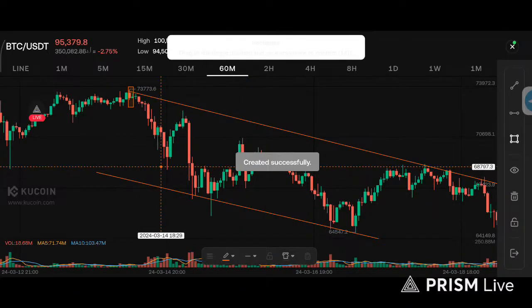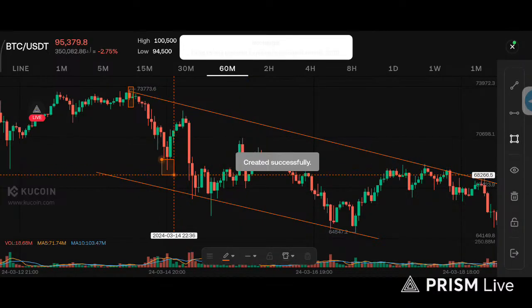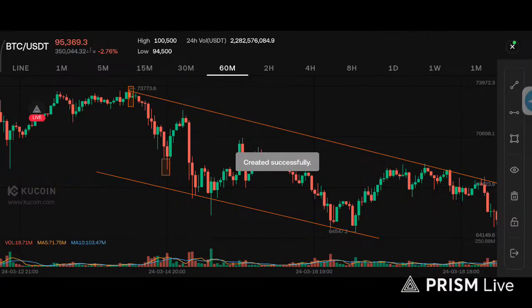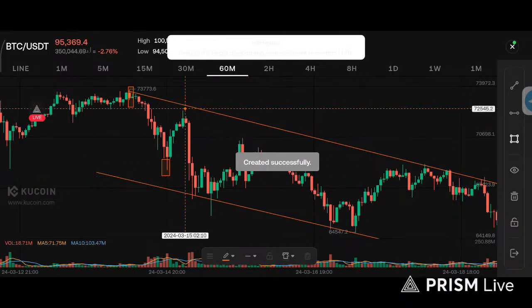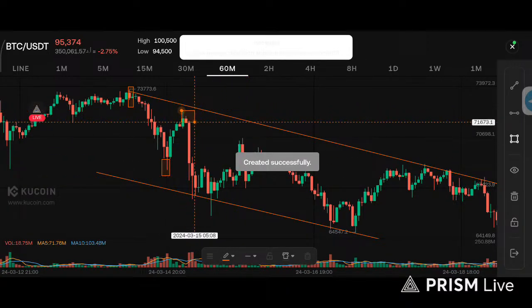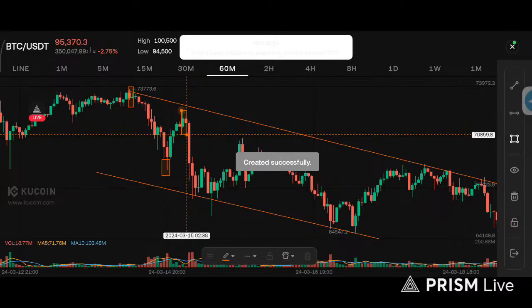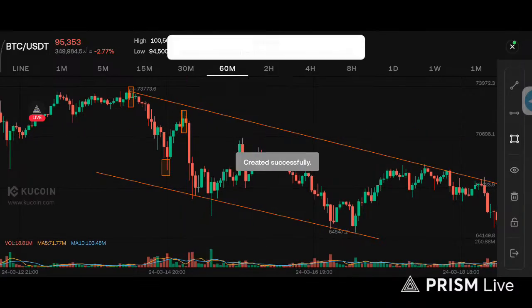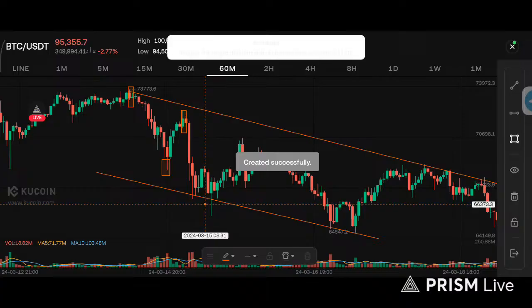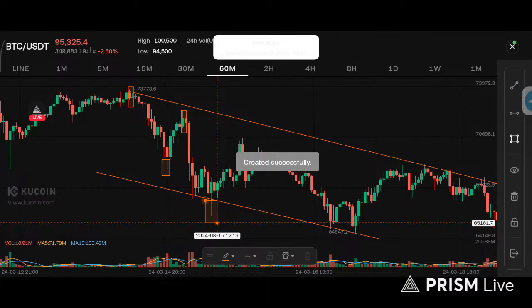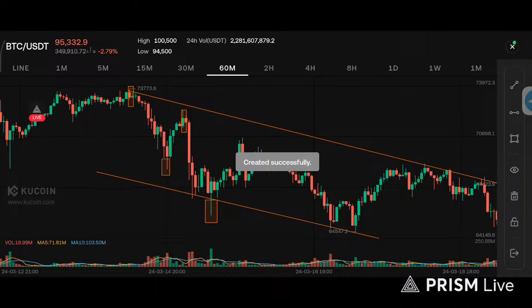We have our lower low from this swing low here. Then you have a lower high from this swing high, and a lower low from this swing low. So like that.